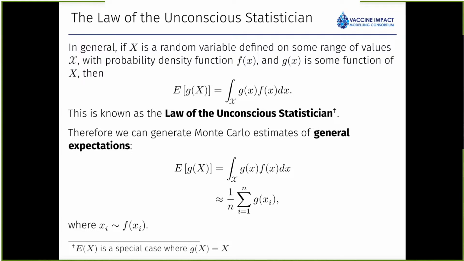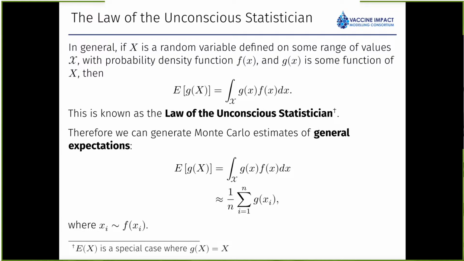So if g is now some function of x, it could be x squared, x cubed, x minus 2, whatever you want it to be, and you want to know the expectation of a function of x, where x comes from a probability distribution f of x, then that is defined as the integral across x of the function multiplied by the density function, okay? So the mean that we looked at is a special case where g of x equals x.